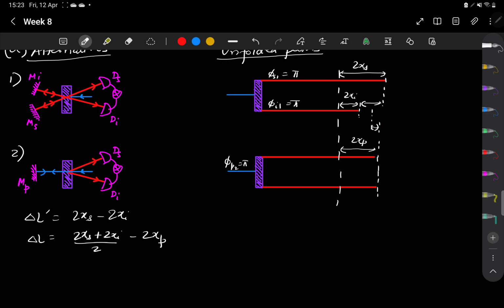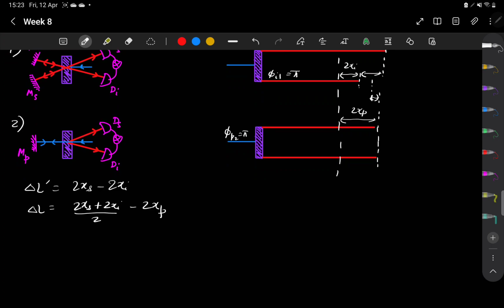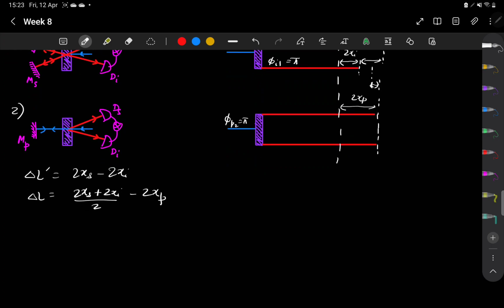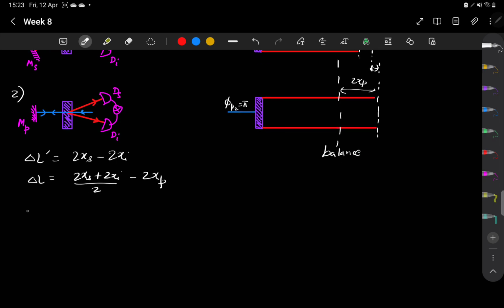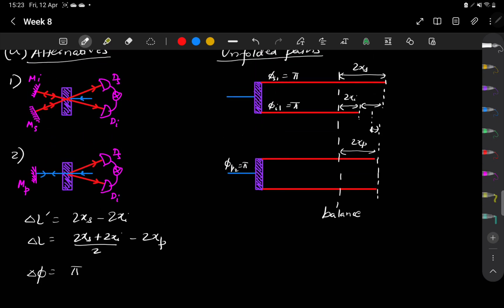This is my delta L. And finally delta phi is simply pi. It is pi plus pi, 2 pi, minus pi, which is pi.